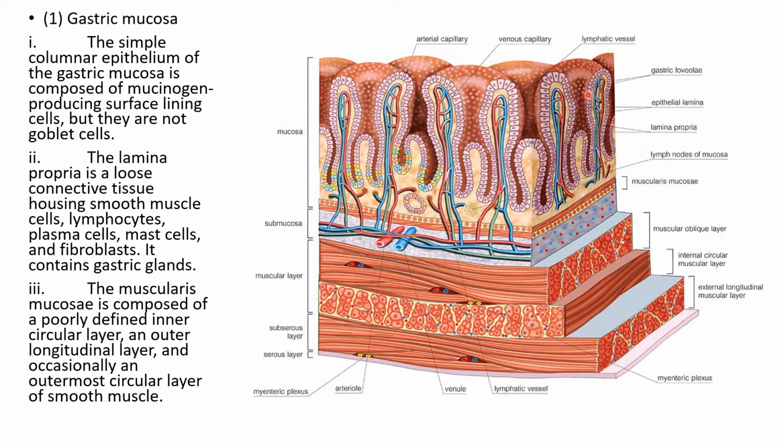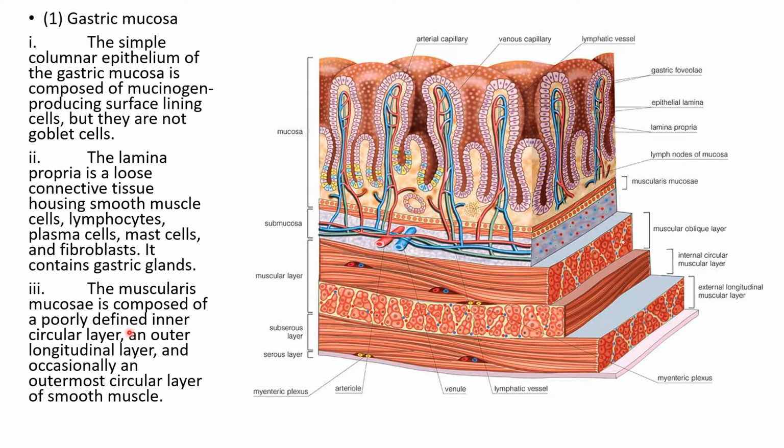You can see here, this is the lamina propria, the space inside these convolutions, which also consists of some smooth muscle cells which are sparsely dispersed. They don't produce any kind of layer here, as well as lymphocytes, plasma cells, mast cells, and fibroblasts. These regions are characterized by the presence of gastric glands.